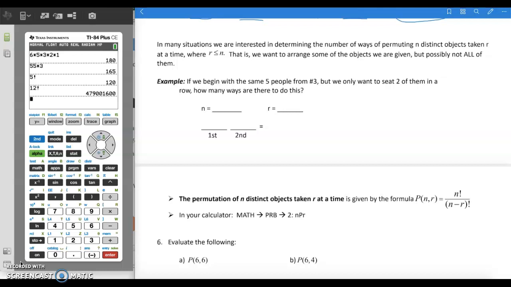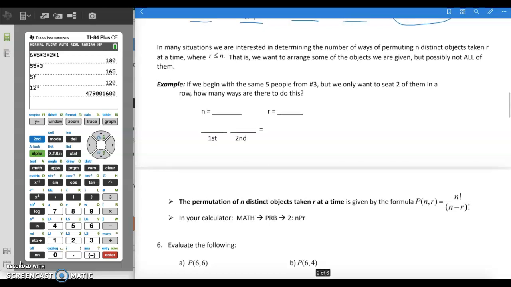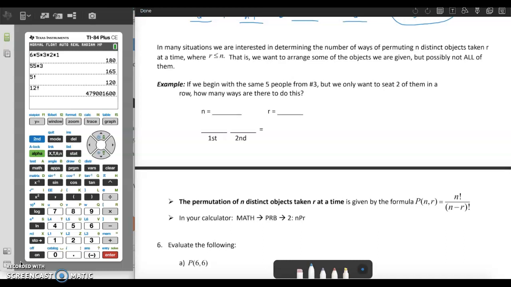So we already took 5 people and seated all 5 of them in a row, and we saw that that was 5 factorial, 120 ways. But what if we start with that same n of 5 people and we only want to seat 2 of them? Okay, so there would be 5 choices for that first person, right? There are 5 people standing there and I say, I choose you.